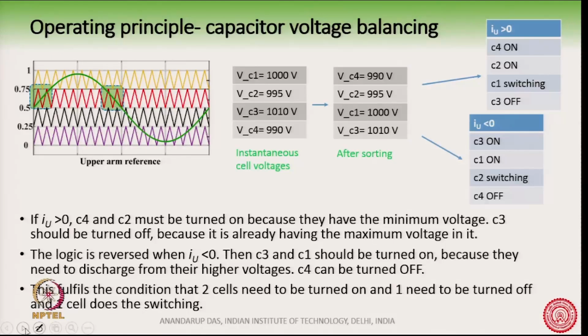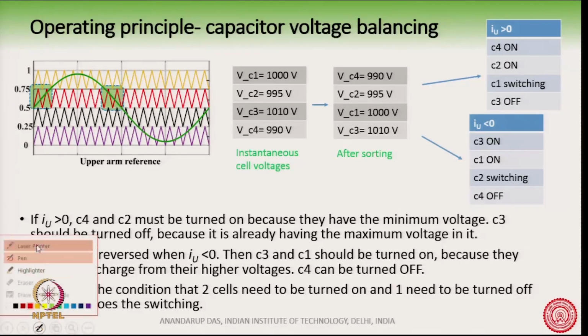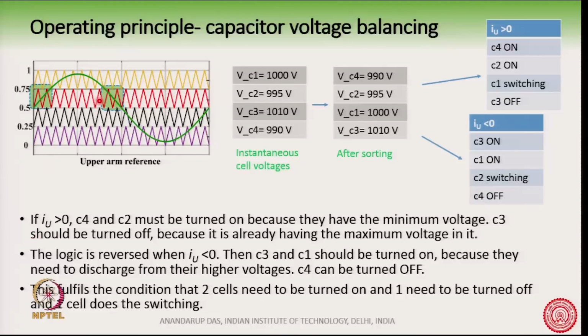Because during this portion, remember I told you, 2 cells need to be turned on, 1 cell should be off and 1 should be doing the switching. Now, which cell will do which job?